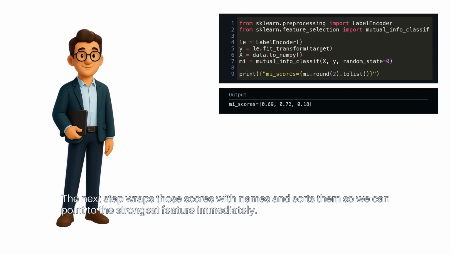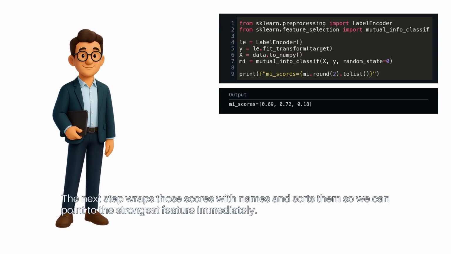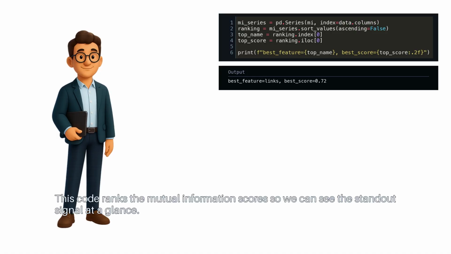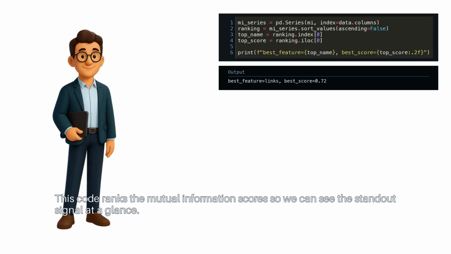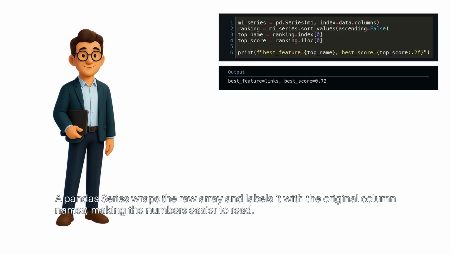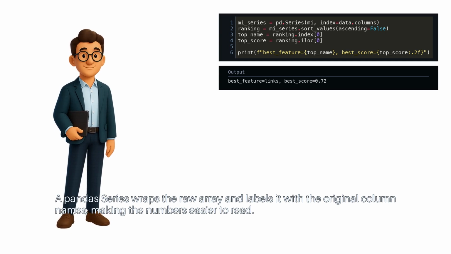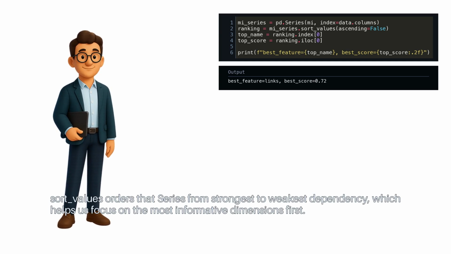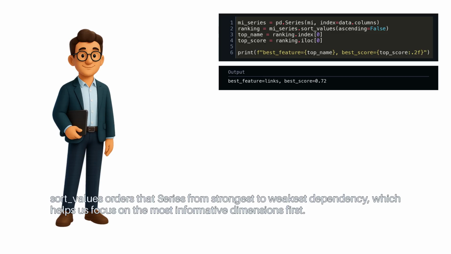Numbers tell a story, but we need a readable order. The next step wraps those scores with names and sorts them so we can point to the strongest feature immediately. This code ranks the mutual information scores so we can see the standout signal at a glance. A pandas Series wraps the raw array and labels it with the original column names, making the numbers easier to read. sort_values orders that series from strongest to weakest dependency, which helps us focus on the most informative dimensions first.